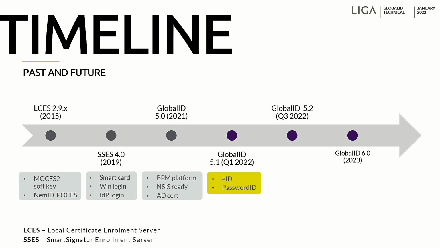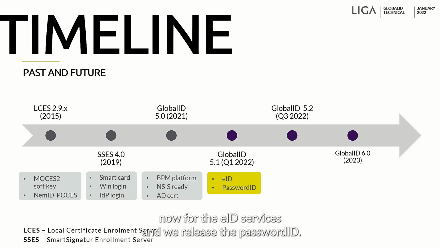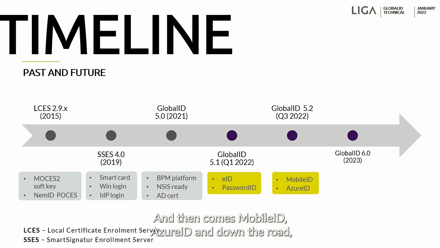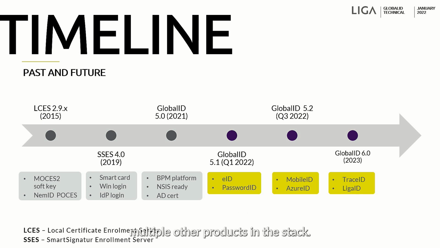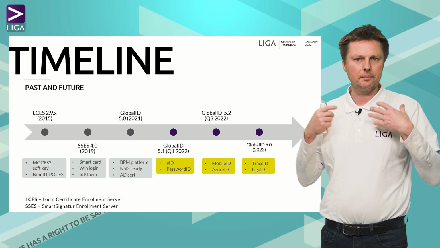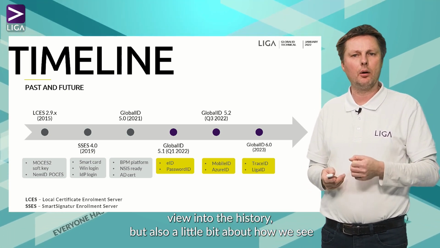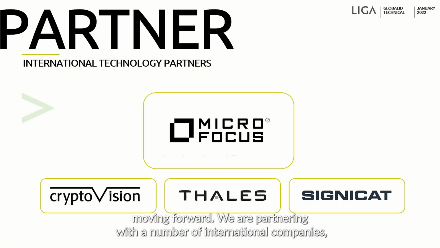And now in Q1, we're releasing our solution for the eID services, and we release the password ID, and then comes mobile ID, Azure ID, and down the road multiple other products in the stack. So this is just to give you a very brief view into the history, but also a little bit about how we see moving forward.